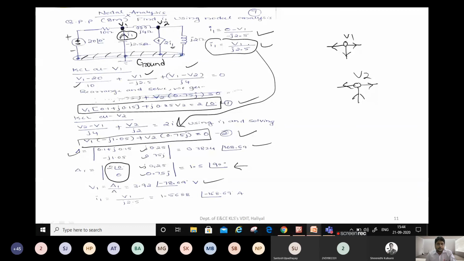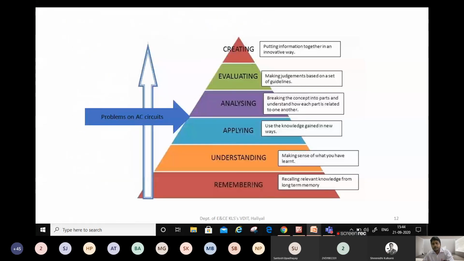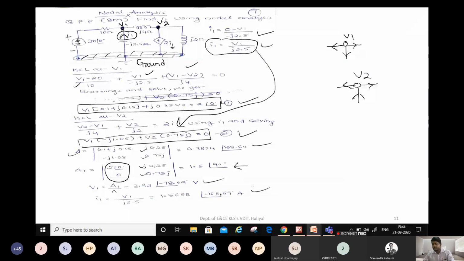If you put in the values and calculate, you will get the I1 value as 1.5688 at an angle of minus 168.69 amperes. So these are the steps you have to follow here. If you have any questions to be asked, you may ask.